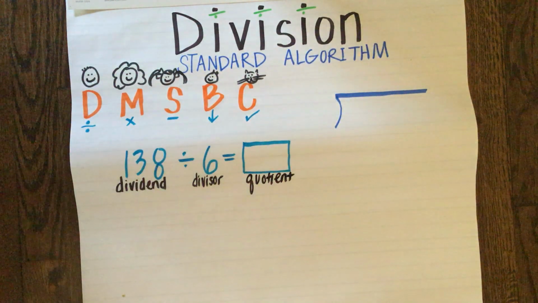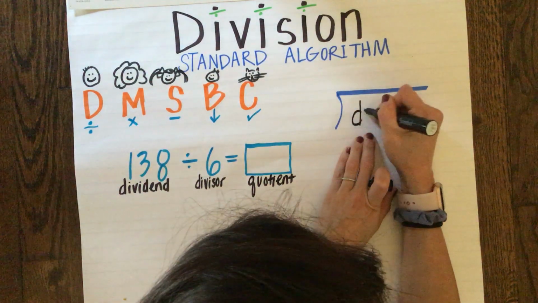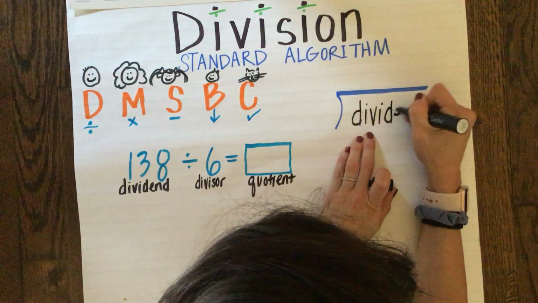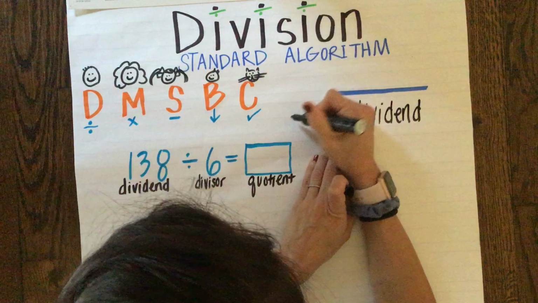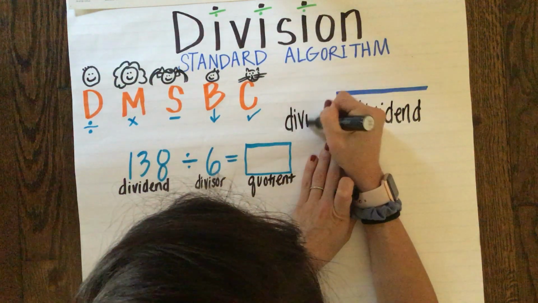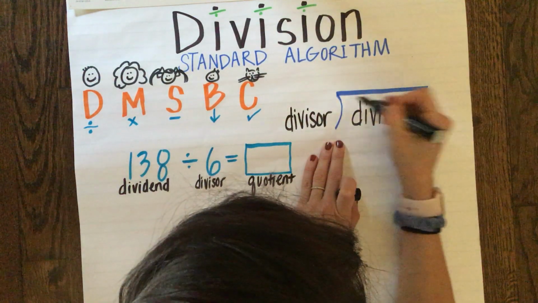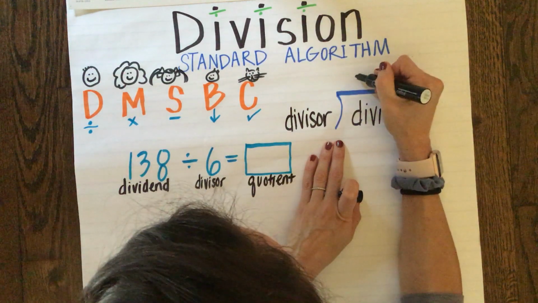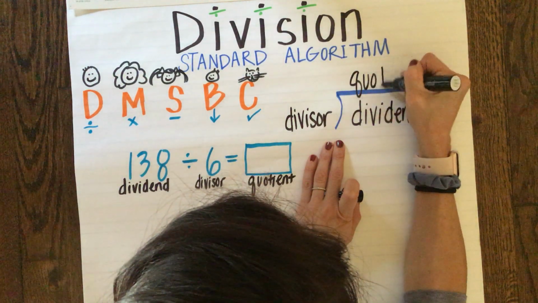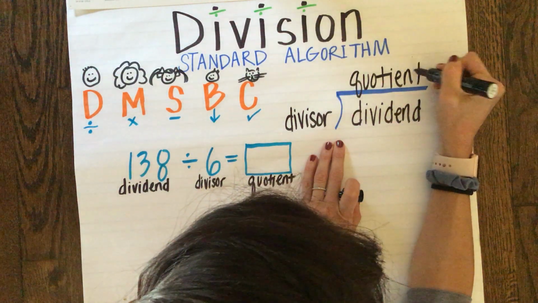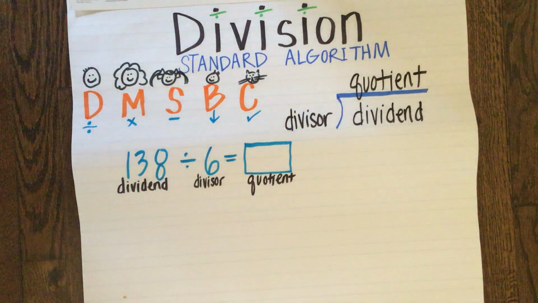The dividend goes inside. The divisor goes outside. Some people call this the home. And the quotient will end up sitting on the top.